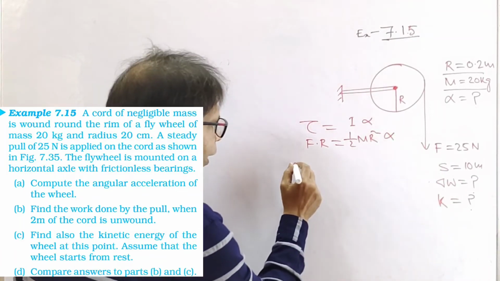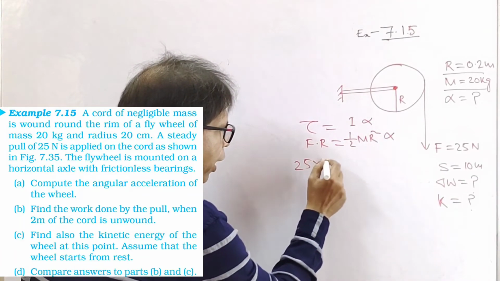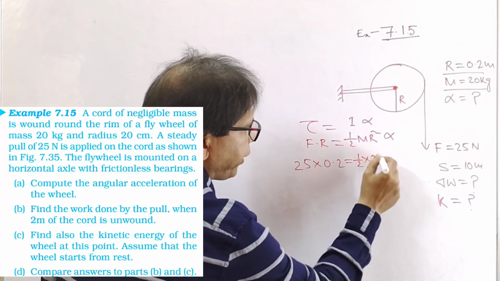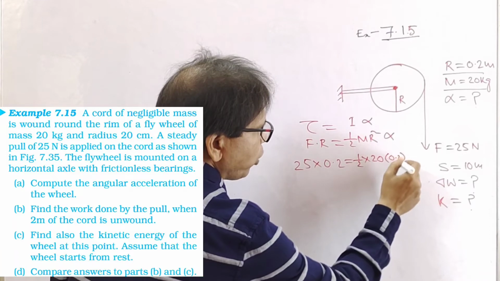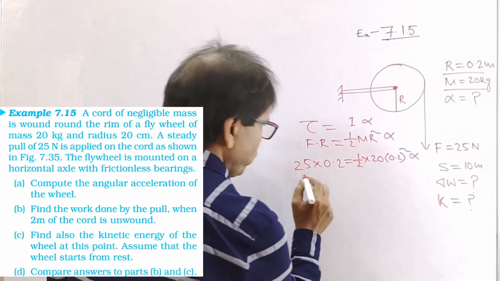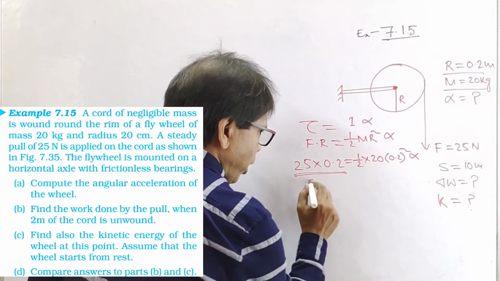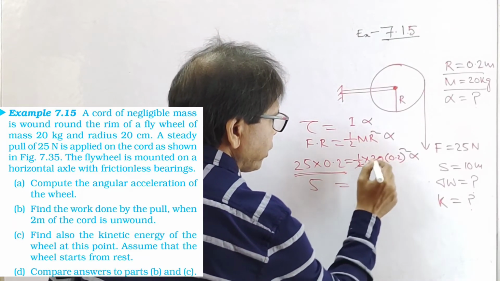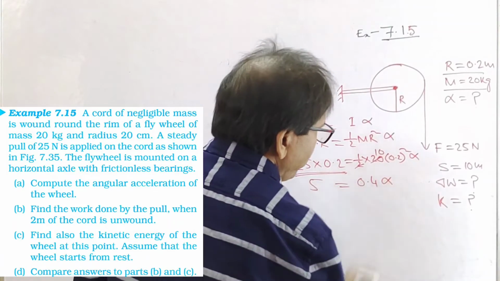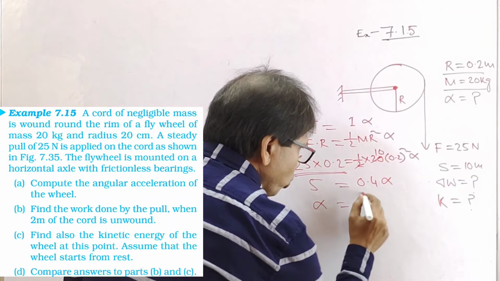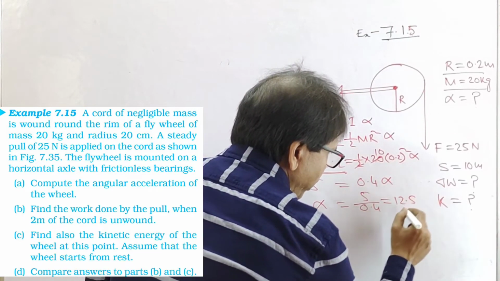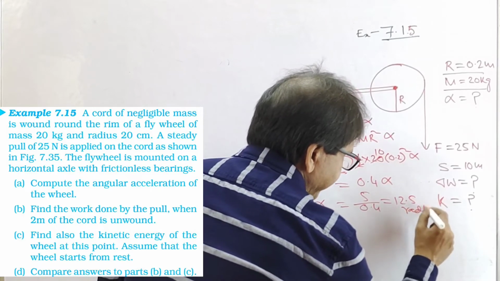Here F equal to 25 newton, r equal to 0.2, and half into M, which is 20 kg, into 0.2 whole square, into alpha. So this is equal to 5, and this is 0.4 into alpha. Therefore alpha equals 5 by 0.4, so this is 12.5 radian per second square.